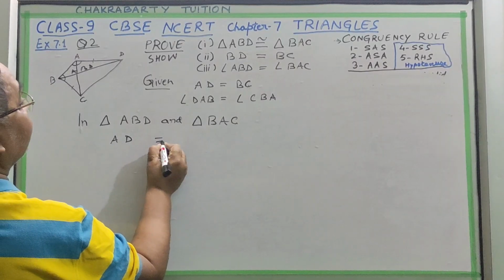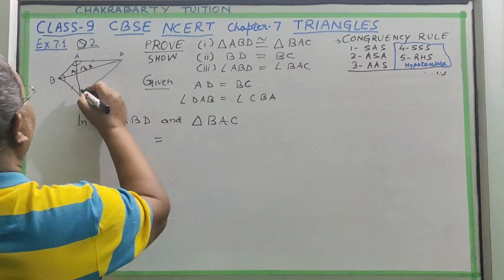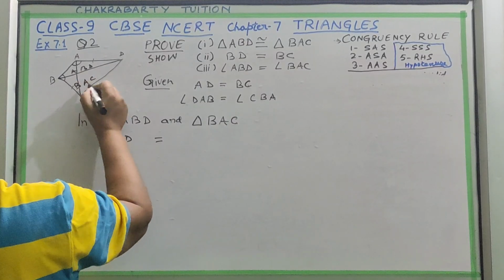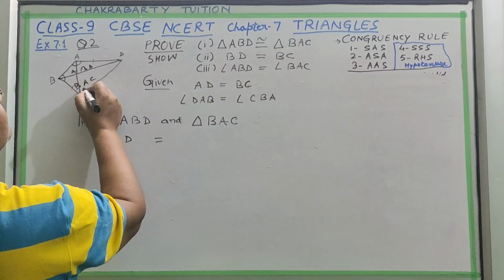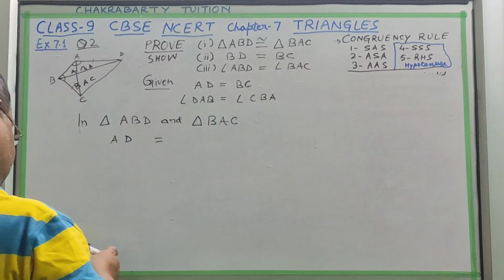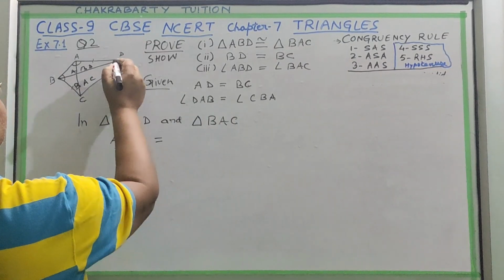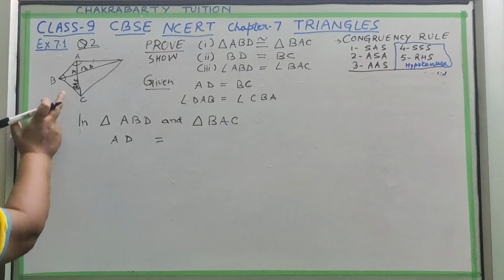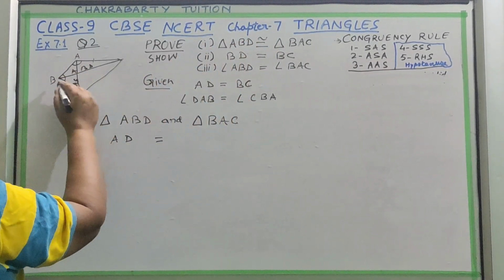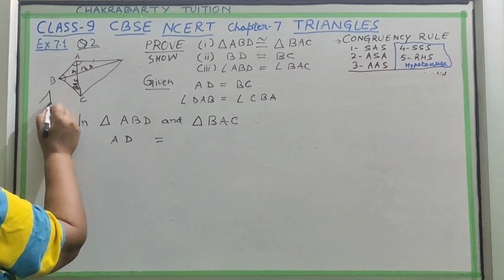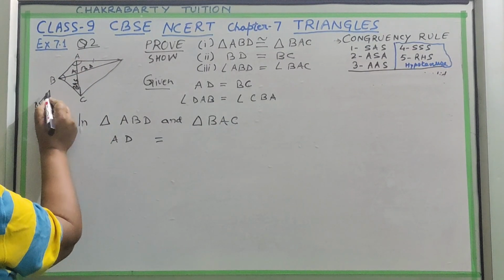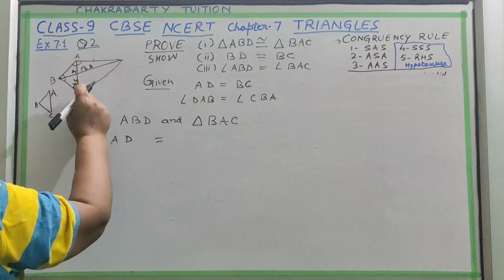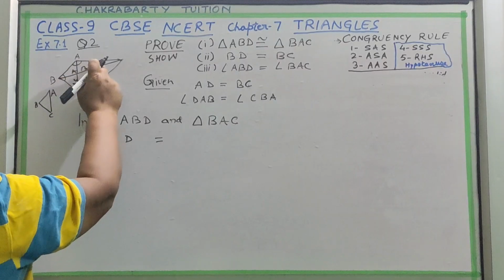In ABD, they are saying AD is equal to BC, and this triangle is B, A and C. Sorry, one minute. This is your one triangle, BAC, and the other triangle.